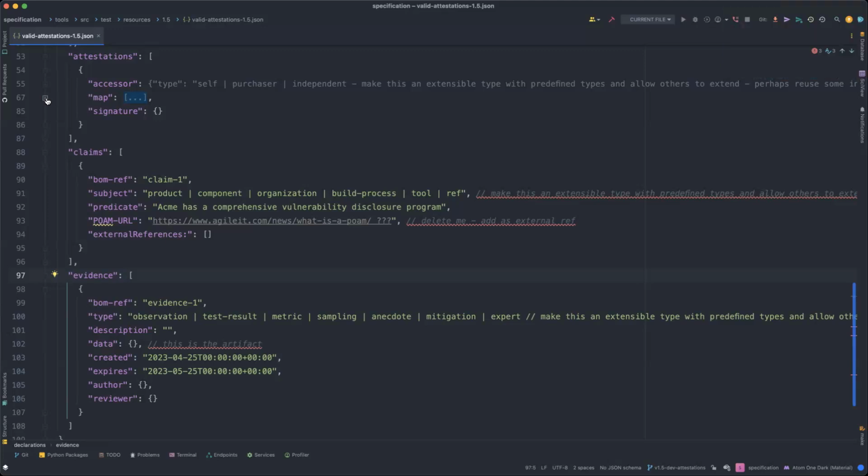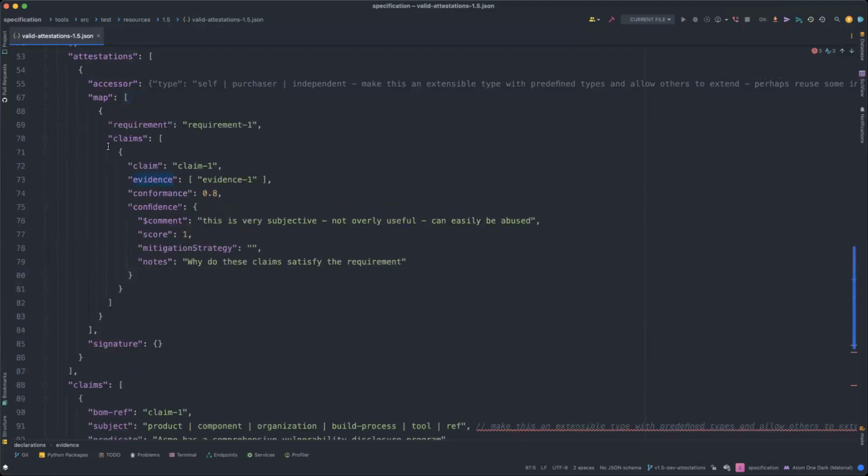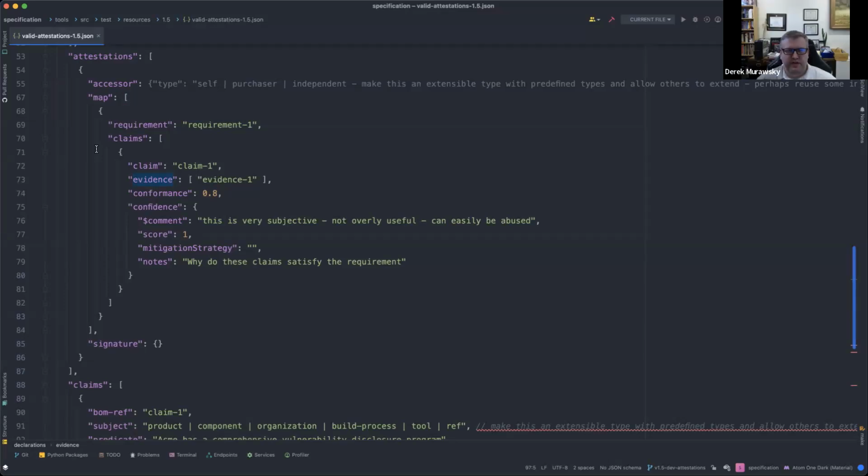And likely the same claims and evidence might support multiple requirements. Yep, we support that with this model as well. But there could be different reasons for the other requirements, and with this model we have a way of saying via the notes what those different reasons might be for the different requirements. So I think that this is pretty flexible.